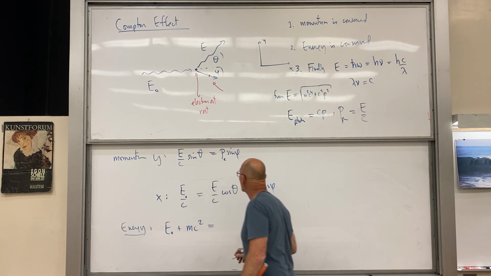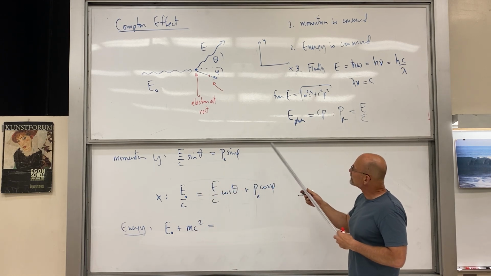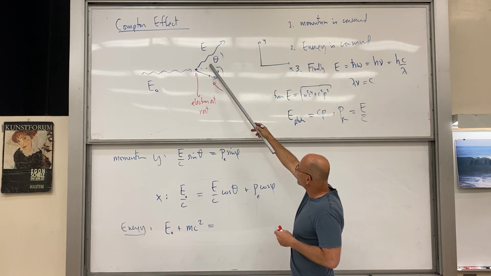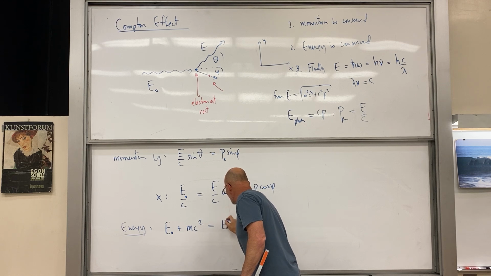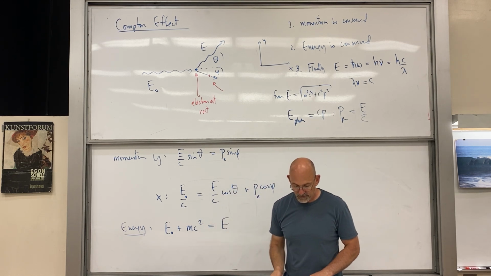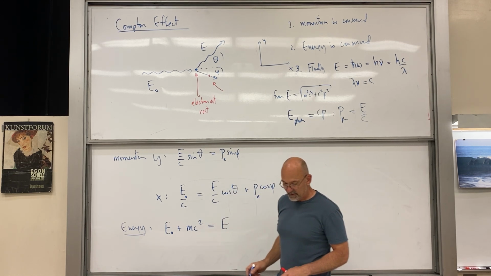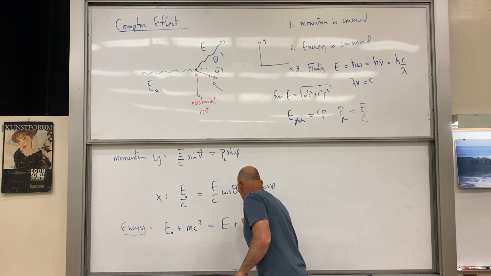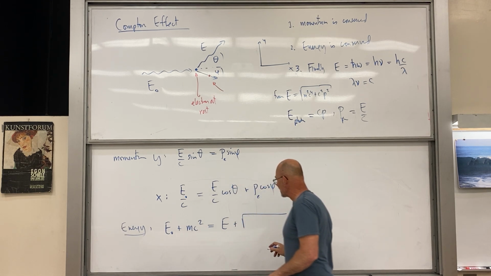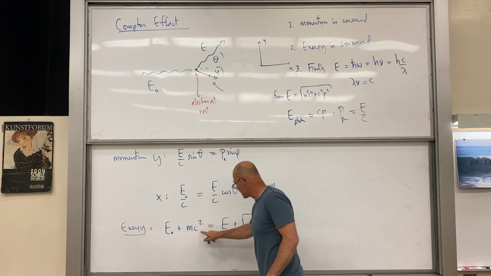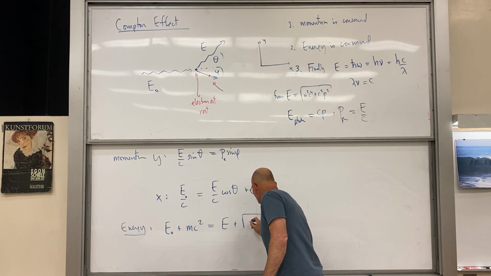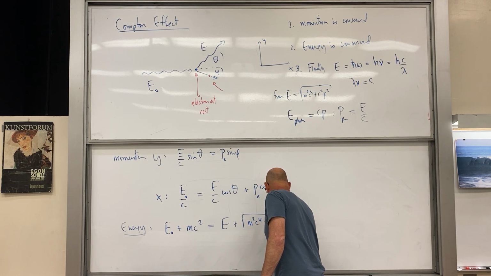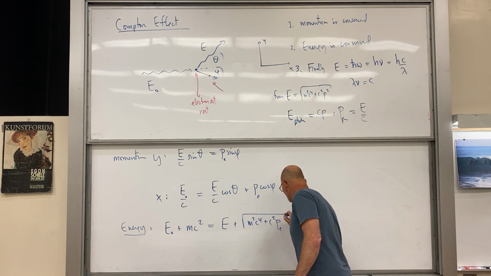Okay. And then after the collision, right? You've got the energy of the scattered photon, and then the energy of the electron. So this is photon plus electron at rest. Photon plus electron that's moving is the square root of m squared c to the fourth plus c squared p electron squared.